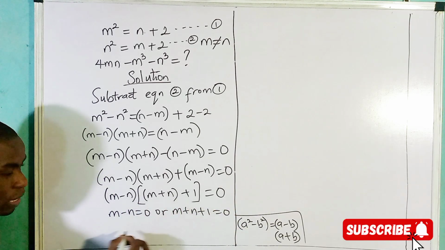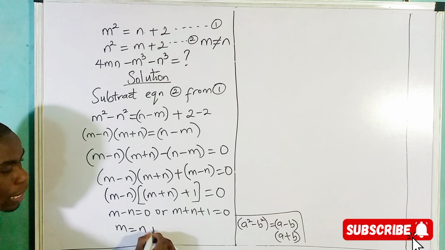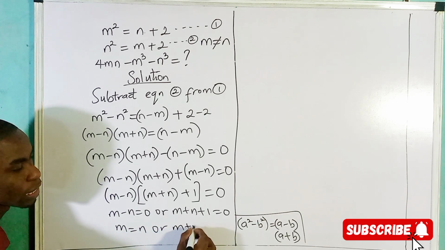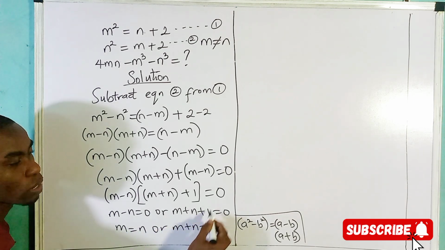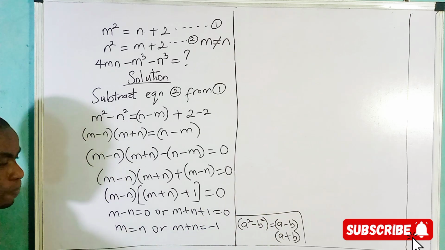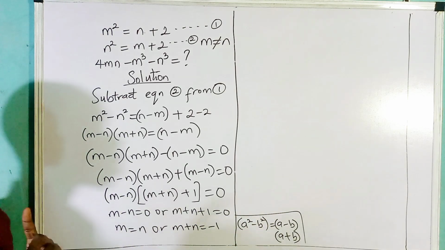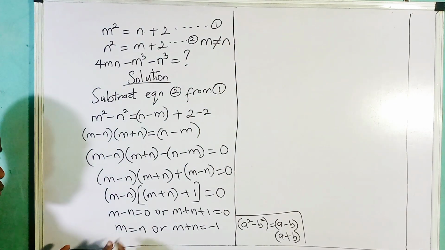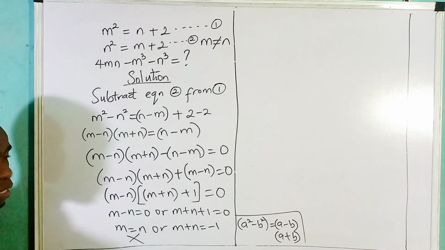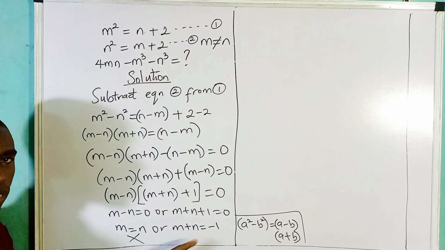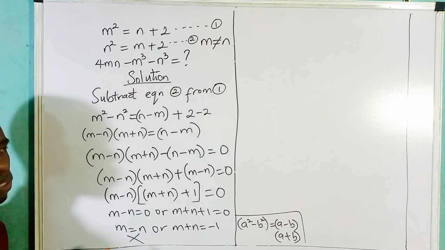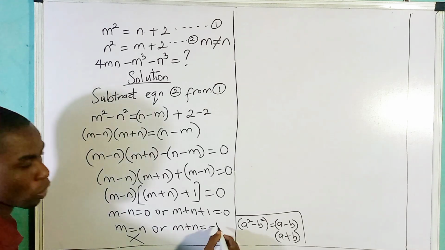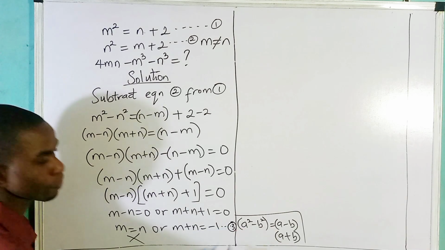Now bring n to the right-hand side: m equals n, or m plus n equals minus 1. There's a condition from the question that says m should not be equal to n. Therefore, we will not be making use of this. We'll be making use of this, but not this. Do you understand? So let's keep this for now. I can call this equation 3.